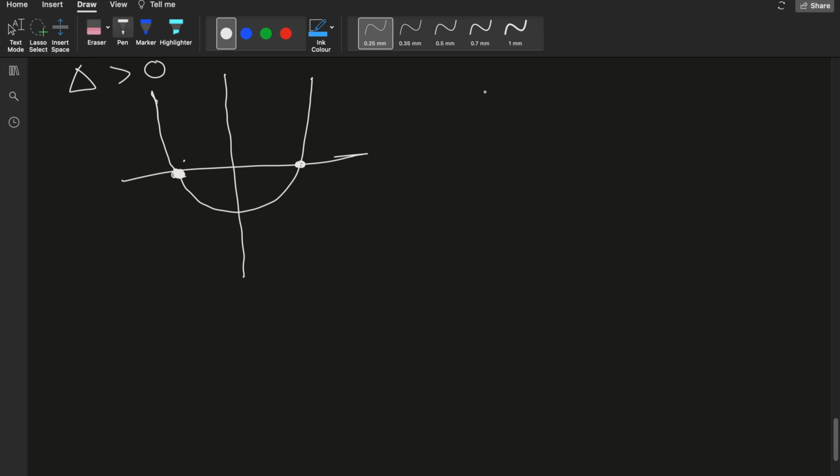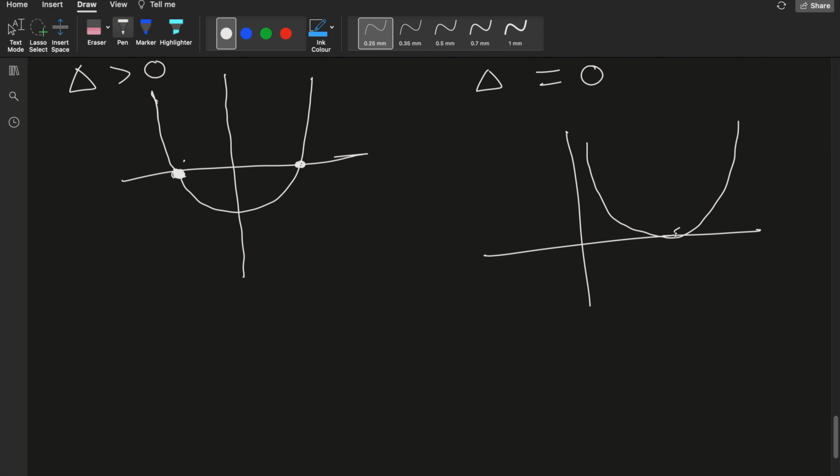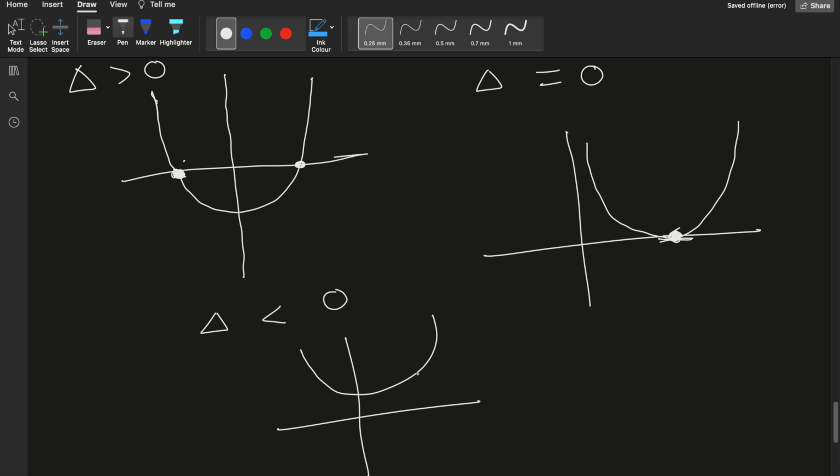If the discriminant is equal to 0, then there will be just one x-intercept. And if delta, or the discriminant, is less than 0, then the graph will not have any x-intercepts, and it will never cross the x-axis.